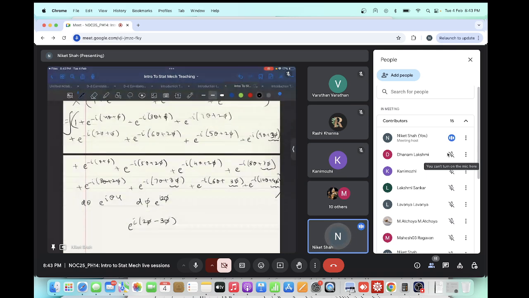So these 3 phi and 4 phi are indicating 3 particle and 4 particle configurations, which are not allowed because the total number of particles is just 2. So that is why I said that when I put n equal to 2, this exponential term puts in the constraint that the total number of particles has to be 2.